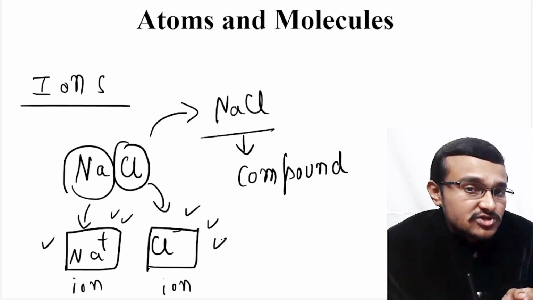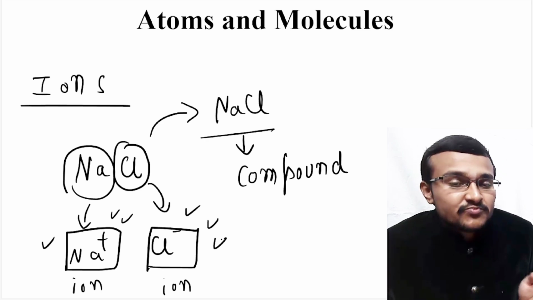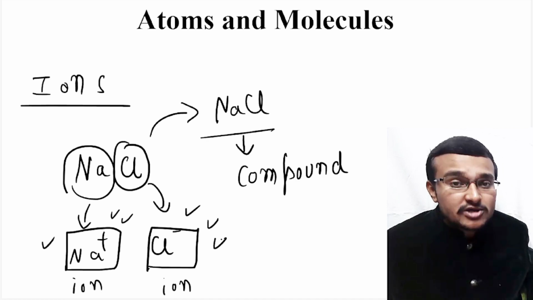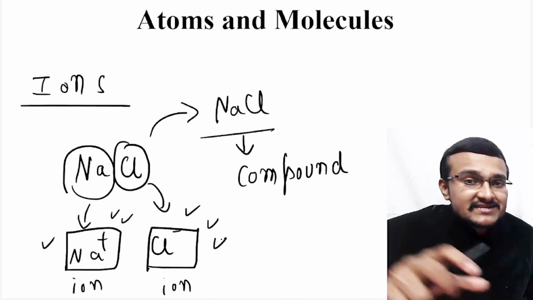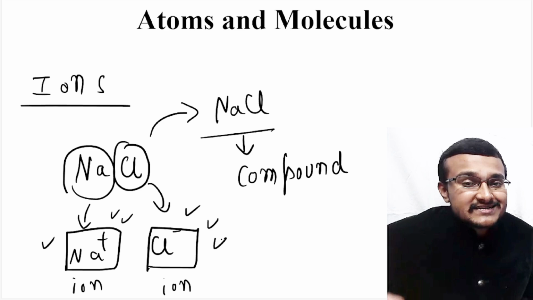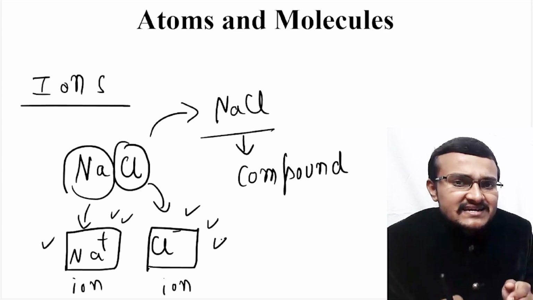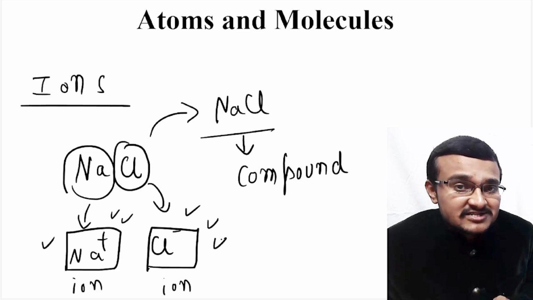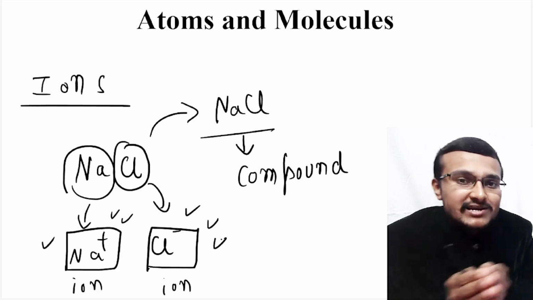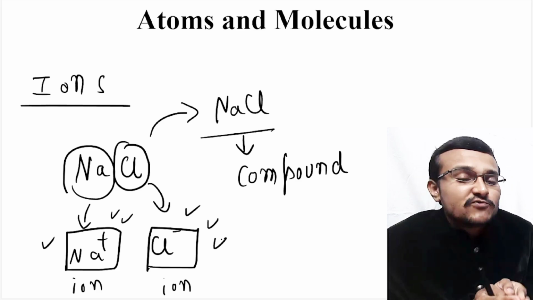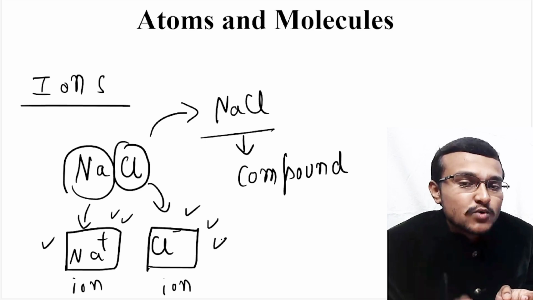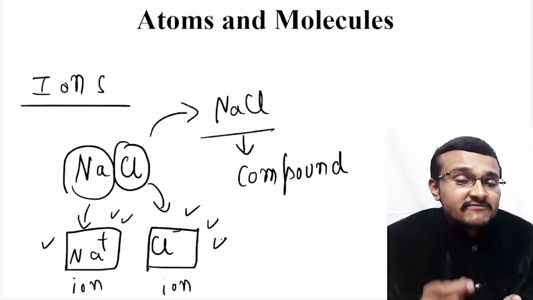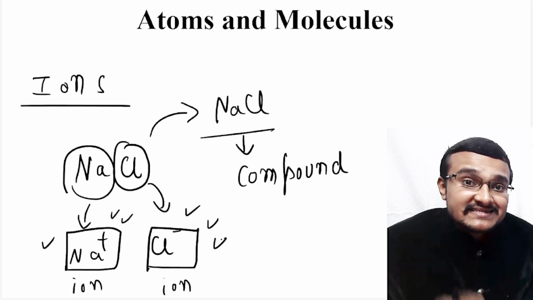So the total charge of NaCl is 0, but individually sodium is a positively charged ion and chlorine is a negatively charged ion. Basically, ions are charged chemical species which are positively or negatively charged. If you want to understand how this positive or negative charge arises on these elements, we have to understand what is there inside an atom.